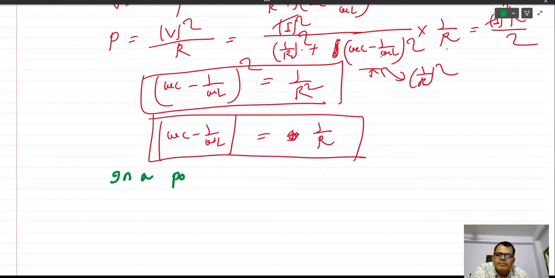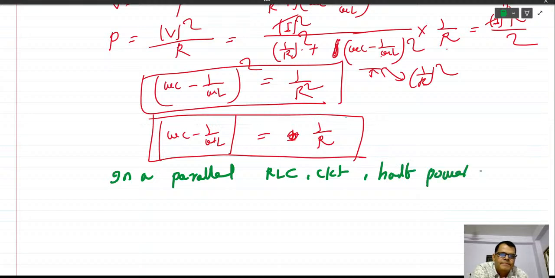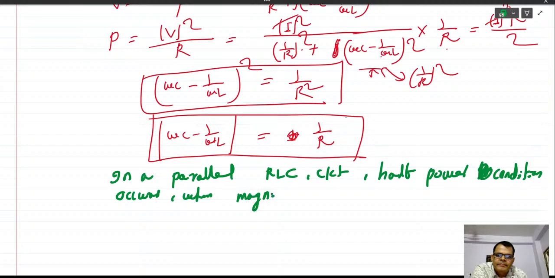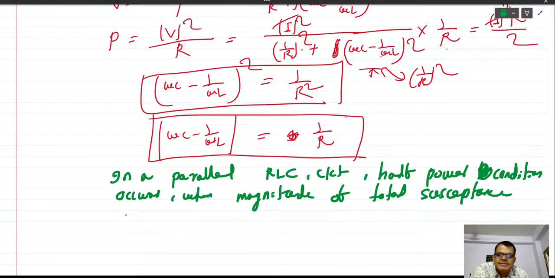In a parallel RLC circuit, the half power condition occurs when the magnitude of total susceptance, this is susceptance, it's not reactance, okay, when the magnitude of total susceptance is equal to 1 upon R, that is conductance.